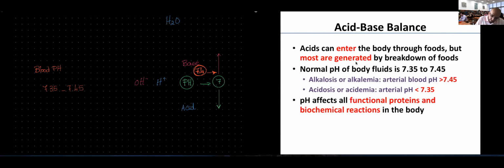So if a person has a blood pH less than 7.35, does this person have more acids or more alkalis than what he needs? What do you think?